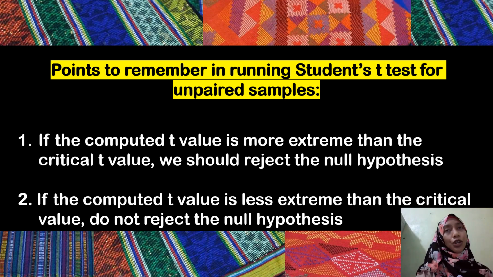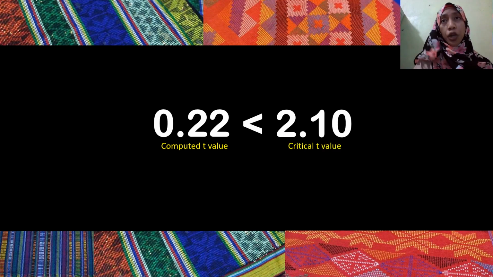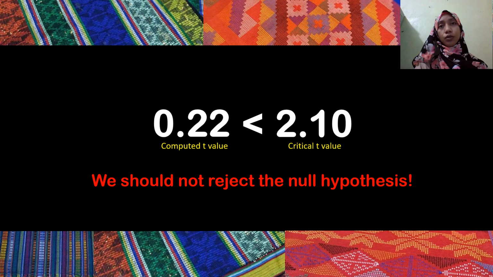That is, 0.22 is less than 2.101. That means that we do not reject the null hypothesis. So let me just emphasize, 0.22 is less than 2.101.